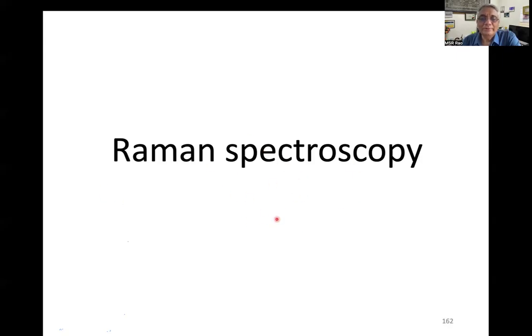When you're dealing with materials, either in solid form or liquid form, Raman spectroscopy today is indispensable, especially when you're dealing with carbon-based materials: graphite, diamond, the carbon nanotube, Buckminster fullerenes, the buckyballs, or the two-dimensional material that is graphene.